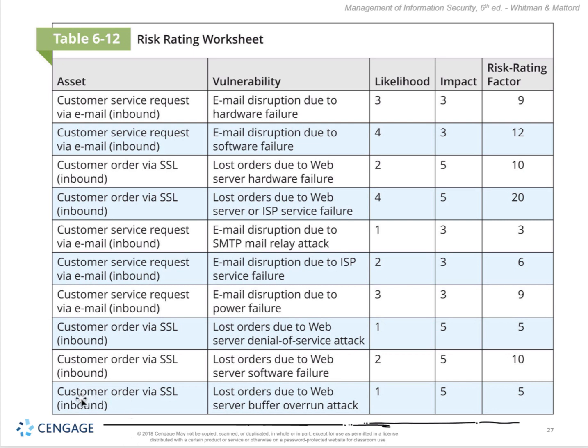So, customer order via SSL, inbound. We must remember that the customer order via SSL was listed as a critical threat, but because of the likelihood, observe that the likelihood here is way too low.